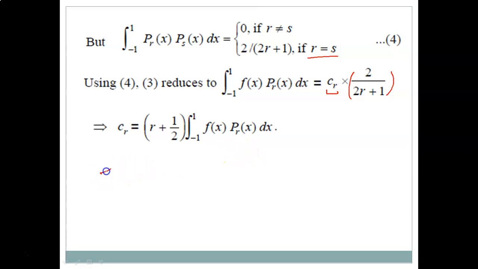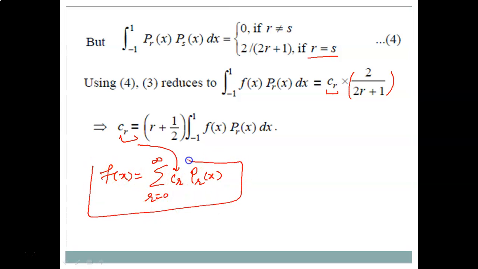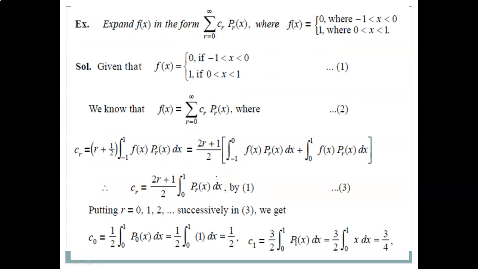When you substitute this value of c_r in the expression, summation r going from 0 to infinity, with P_r(x) there, this gives you the expansion of the function f(x) in terms of the Legendre polynomial.